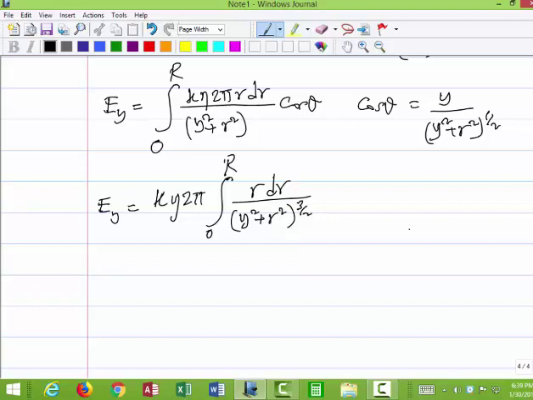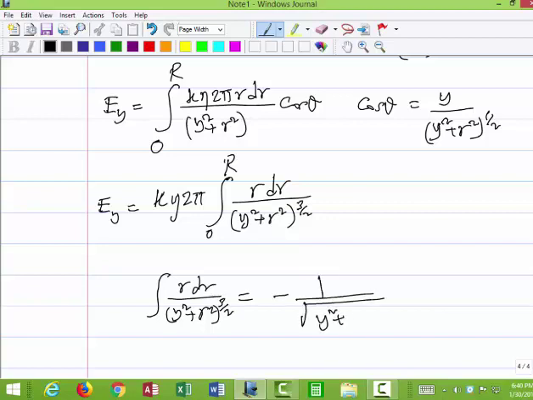The integral of r dr over y squared plus r squared raised to the power 3 over 2 is equal to minus 1 over the square root of y squared plus r squared, according to the book.